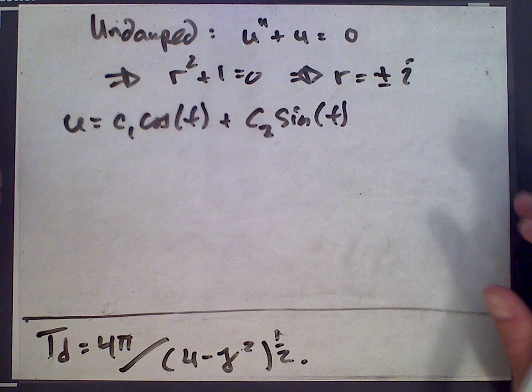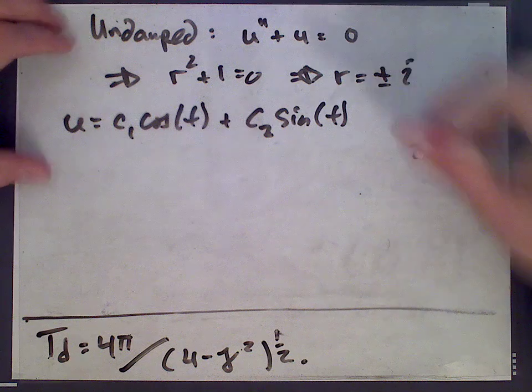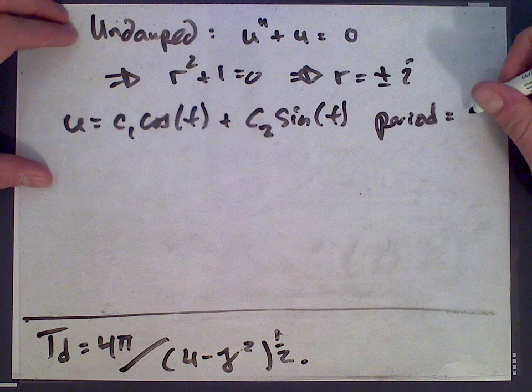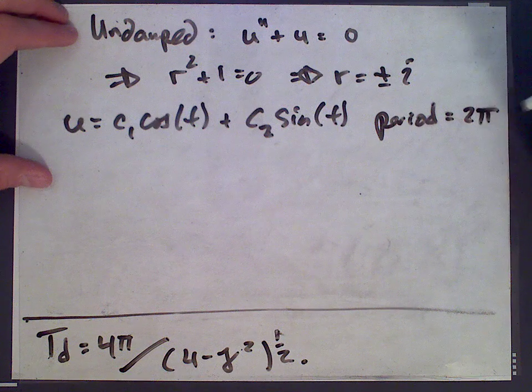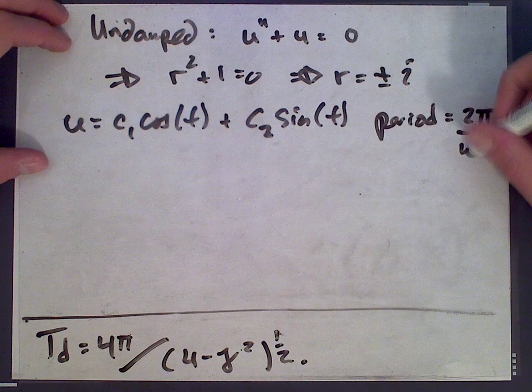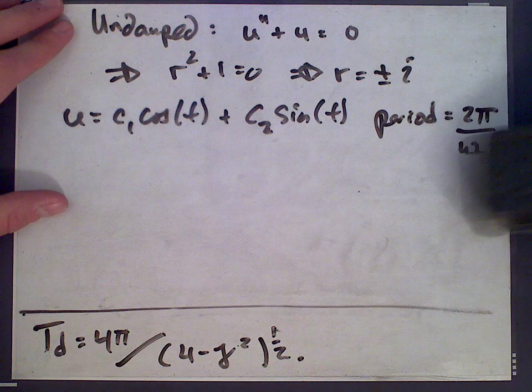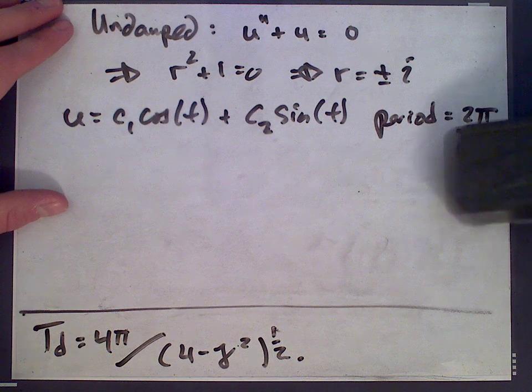And the period then is 2 pi. It's usually 2 pi over the constant, the angular frequency, written as omega 0.